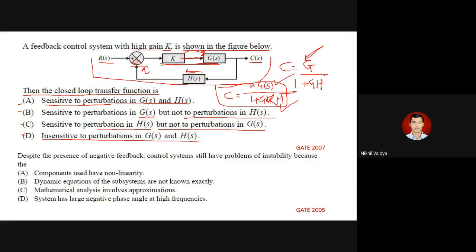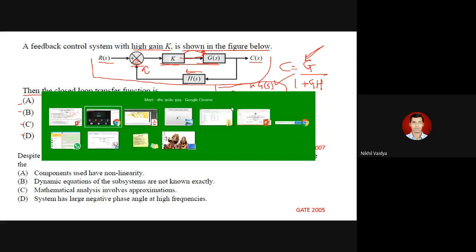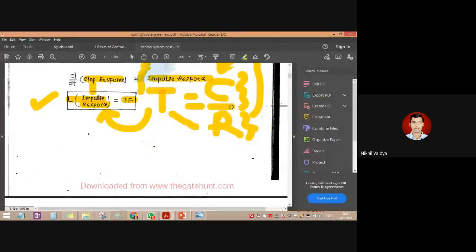As soon as G and H change, surely the value of C will change. But it is asking the sensitivity, not the change. It will surely change, but where will it be more sensitive? So we need to go through some more analysis, which is mentioned here.